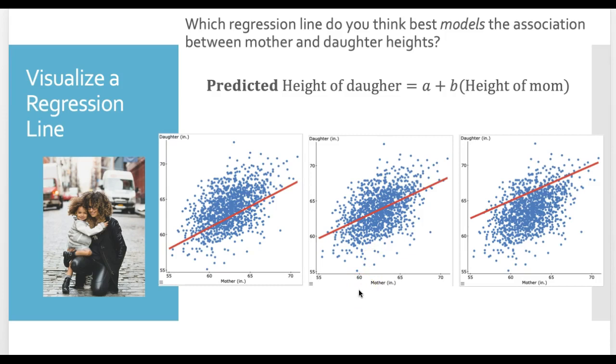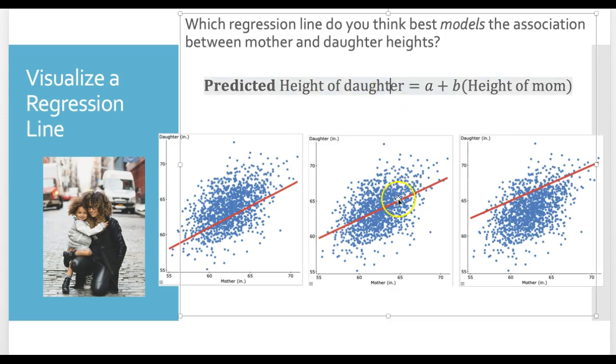Okay, so just take a look at it and really what this line means in context, right? They all mean something in context. We're saying the predicted height of daughter is equal to some constant plus some constant times the height of the mom. Okay, so give me the height of mom and I can give you the predicted height of daughter.